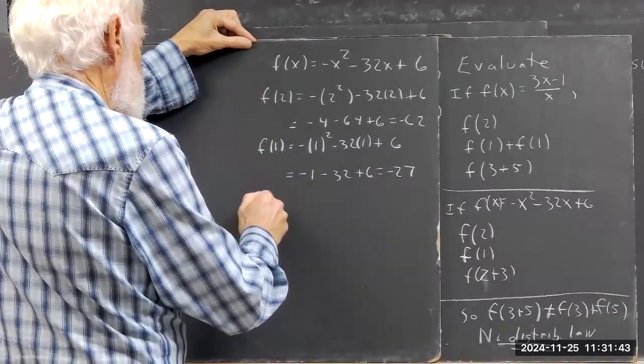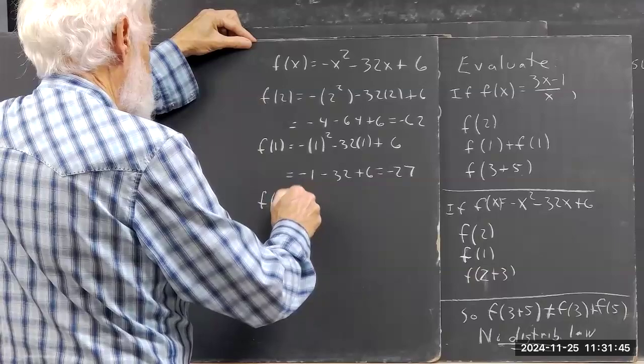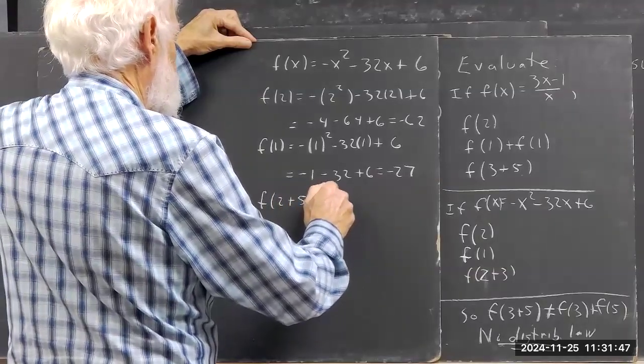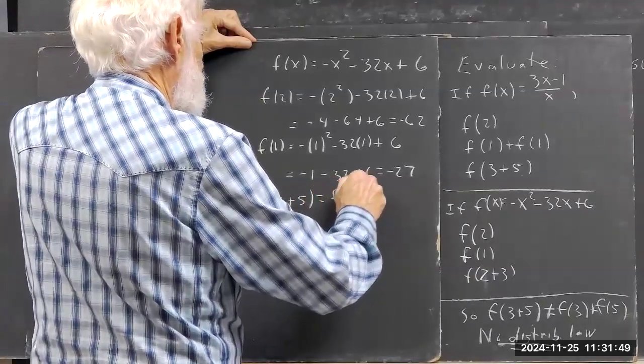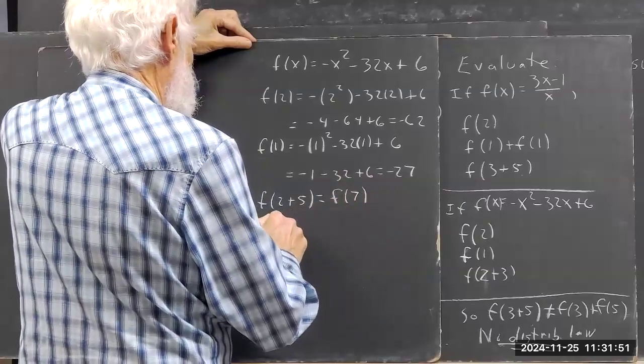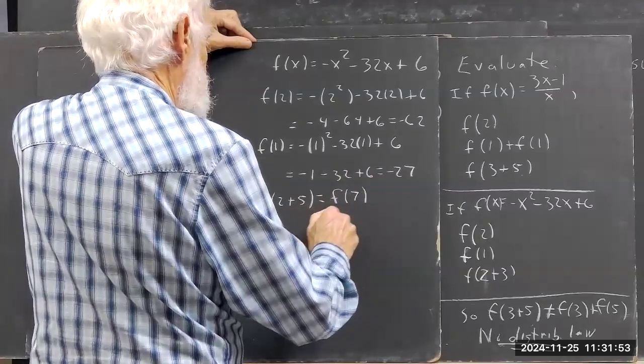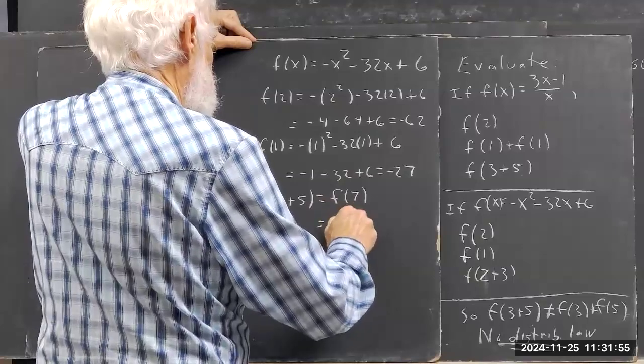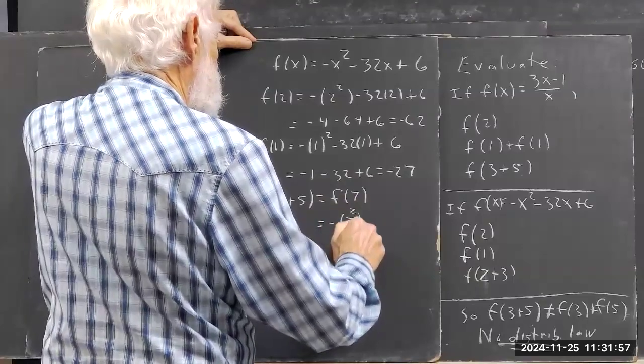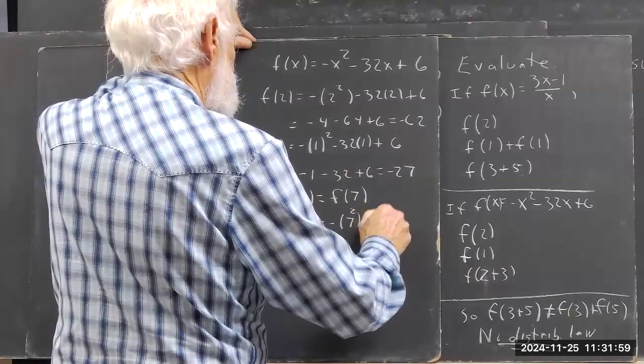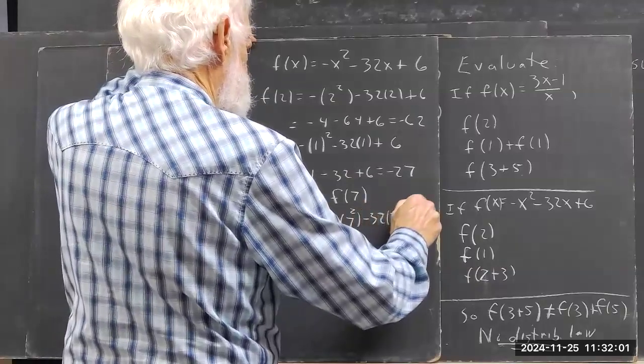And then f of 2 plus 5 equals f of 7, which equals negative of 7 squared minus 32 times 7 plus 6.